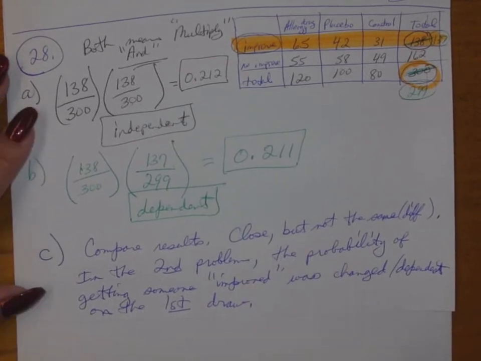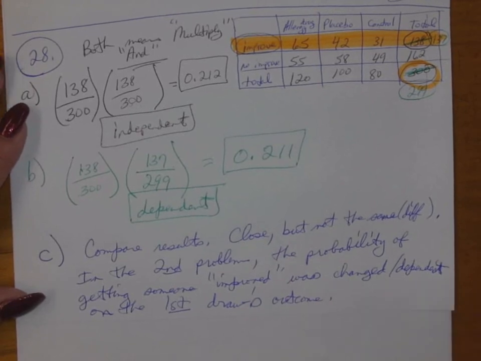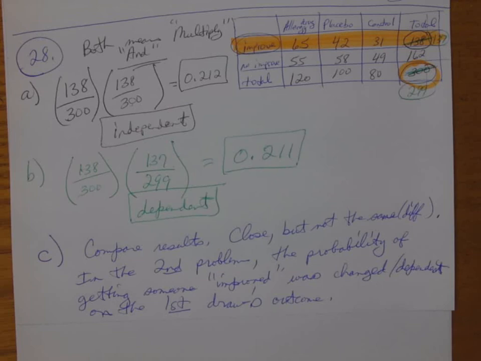Okay, I'll say its outcome. So whatever happened in the first one, its outcome changed my second probability because I'm dependent in that case. The second probability is dependent.